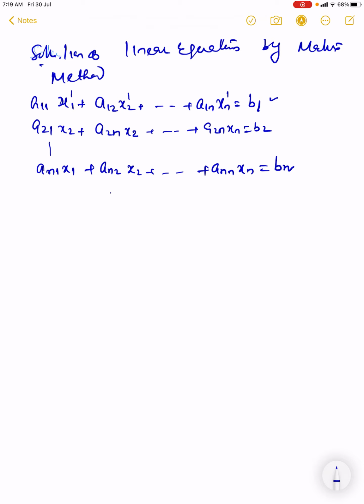This system can be written as AX equal to B, where A is equal to a11, a12, a1n, a21, a22, a2n, an1, an2, ann.